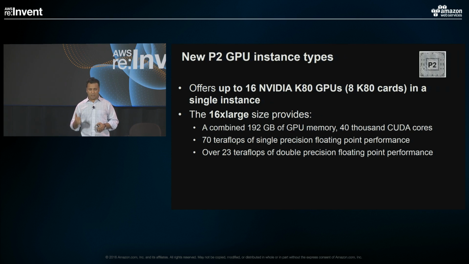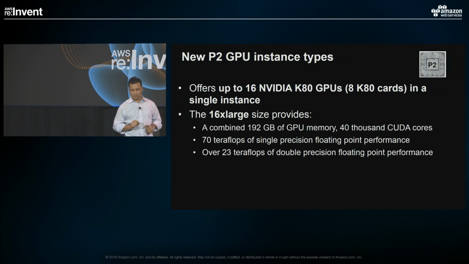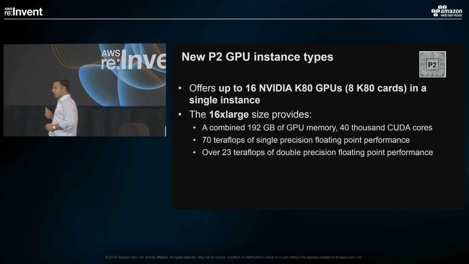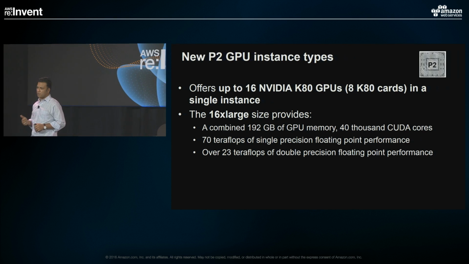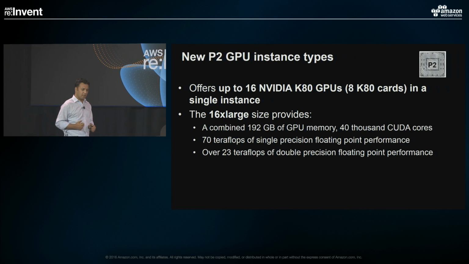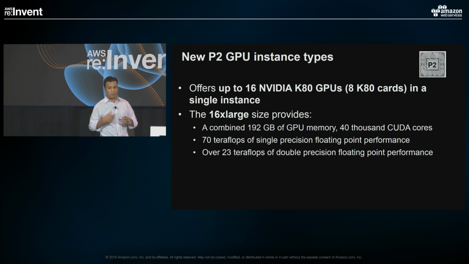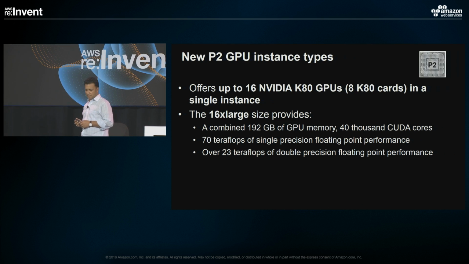You also get 192 gig of GPU memory, and that's different from the regular RAM that you get on the instance. And you also get 40,000 CUDA cores on the 16X extra large instance. For single precision floating point performance, you get about 70 teraflops, and that's critical for video processing workloads and other media processing use cases.